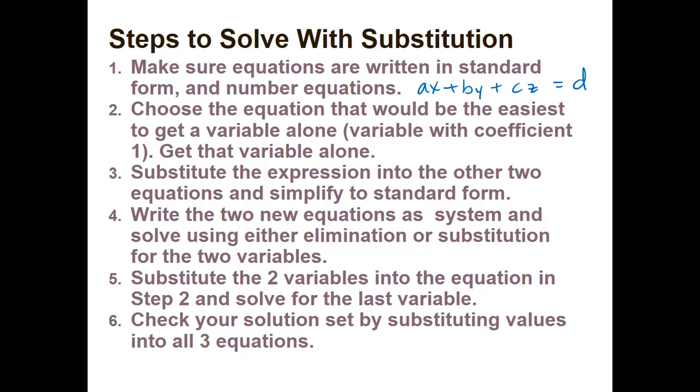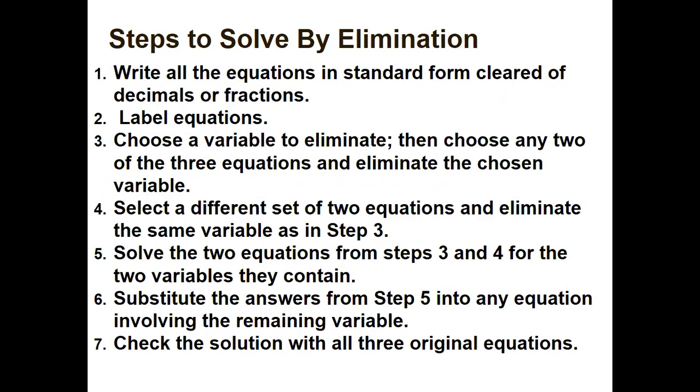So you're looking for when there is a coefficient of 1. And you're going to get that variable alone. Then you're going to substitute that in to 2 of the equations. Now that you're down to 2 variable systems, you then are going to eliminate by whatever method you choose, whether it's elimination or substitution. And then you're going to do some more substitution, find the 2 variables, and then you can always check yourself.